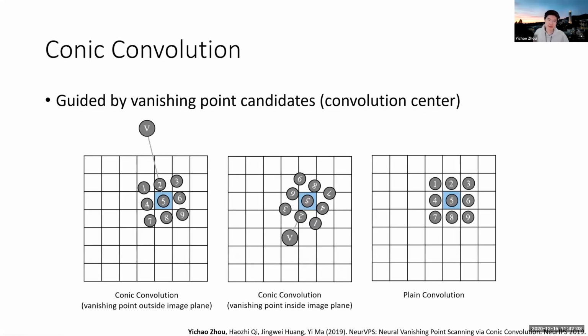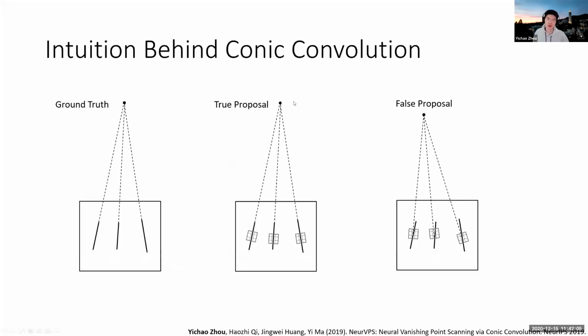Why do we want to do this? This figure shows some intuition. If your candidate position of the vanishing point is correct, then this convolution filter can serve as a line detector. Because if this point is a vanishing point, then there will be a lot of lines that point toward this point, right? So this filter can serve as a line detector.